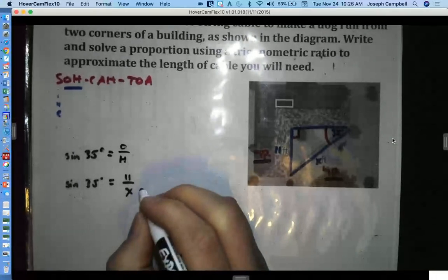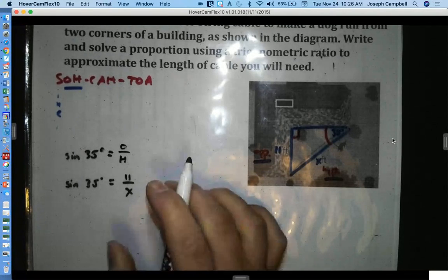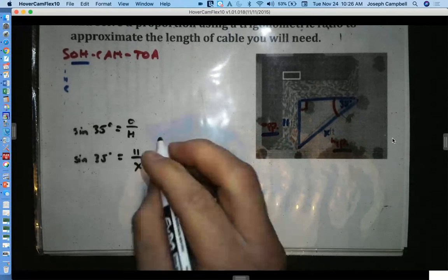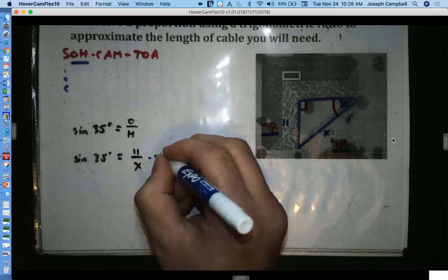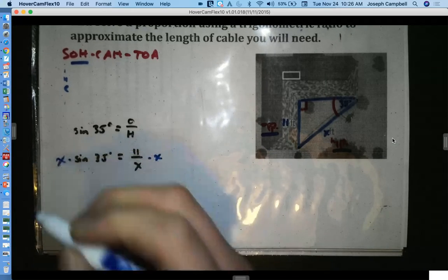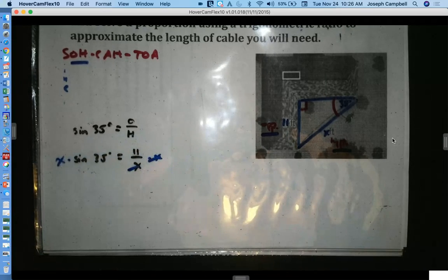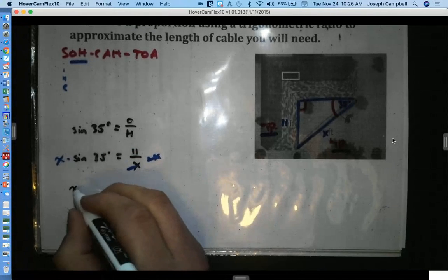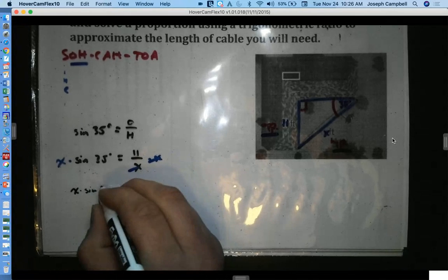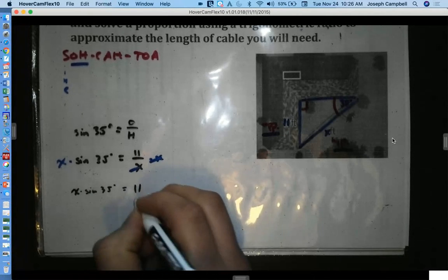By the way, if you do this a couple times, you'll see what ends up happening, and maybe I'll show that to you. So multiply both sides by x. These cancel. Now I have x times sine of 35 equals 11.